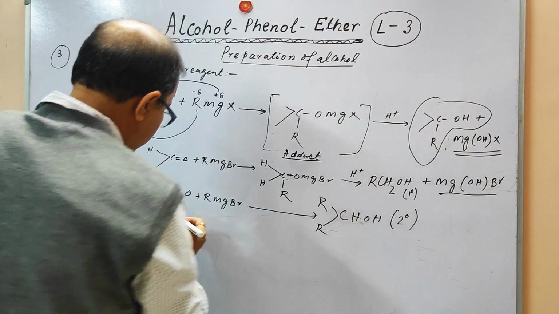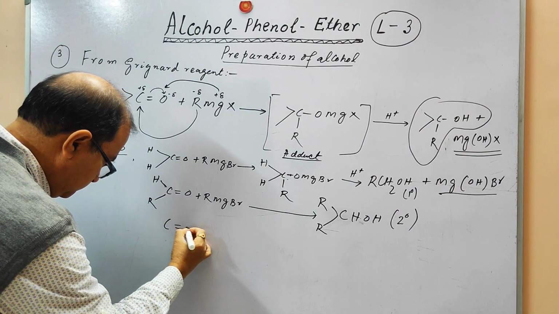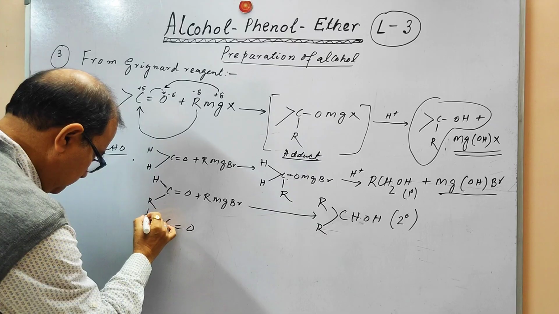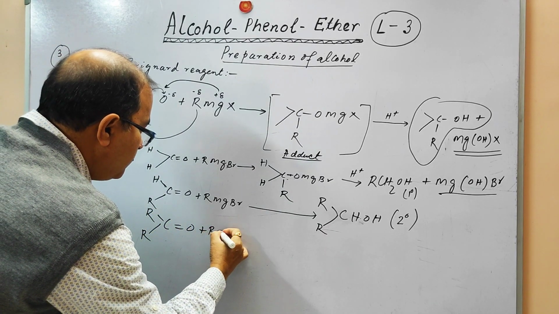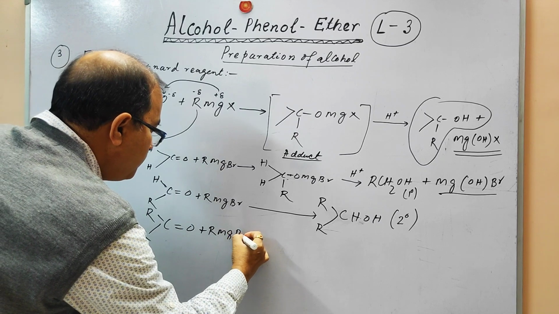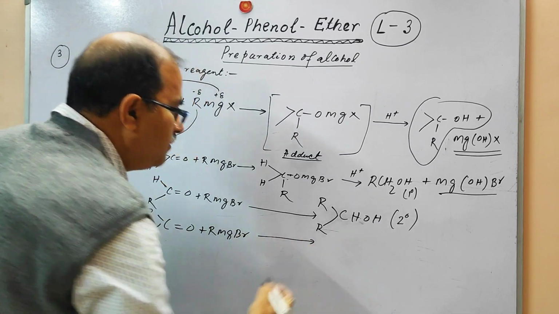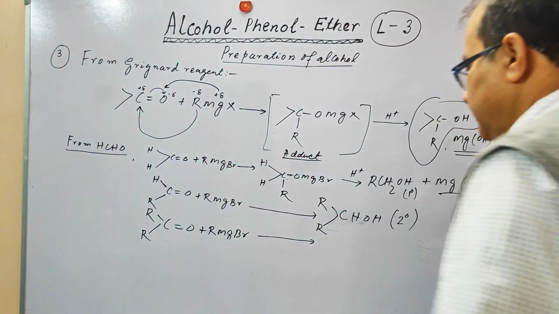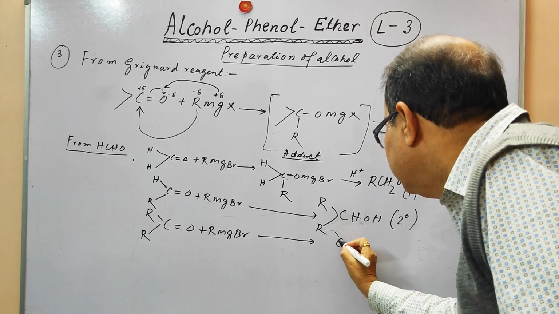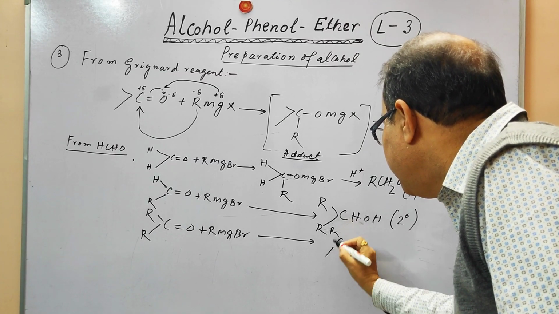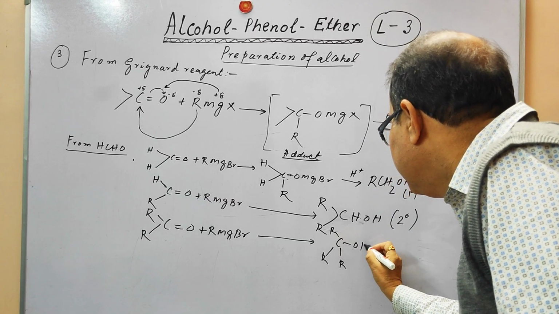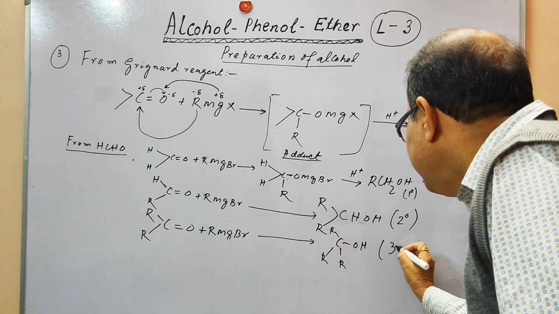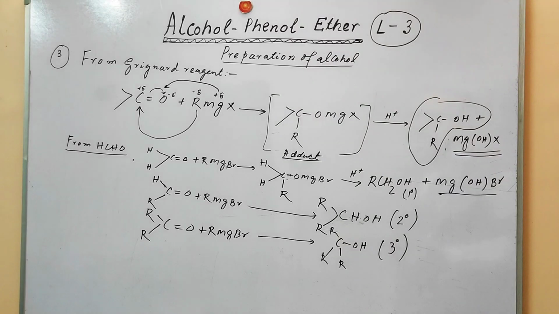If it is a ketone, at that time you will have an alcohol that will be the 3rd degree, which means tertiary alcohol.